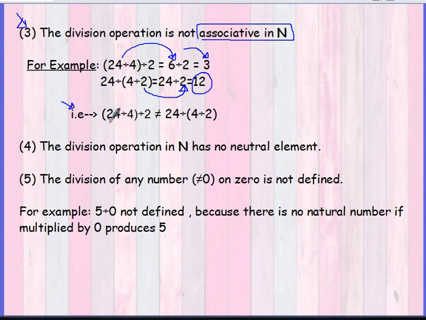That means (24 divided by 4) divided by 2 does not equal 24 divided by (4 divided by 2).